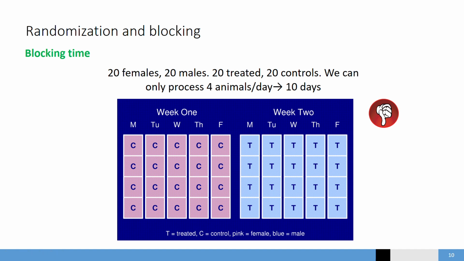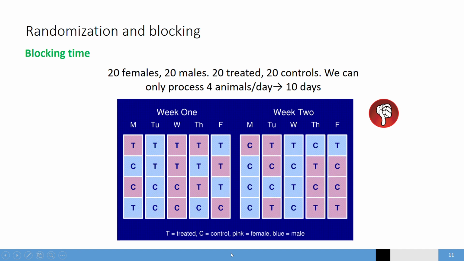That means that if I see a difference between control and treatment, I'm not sure if that is because of the treatment or because of the sex. Maybe the treatment doesn't make any difference, but it is sex that makes a difference, and that is causing the difference that I'm seeing. So this is not a good design.